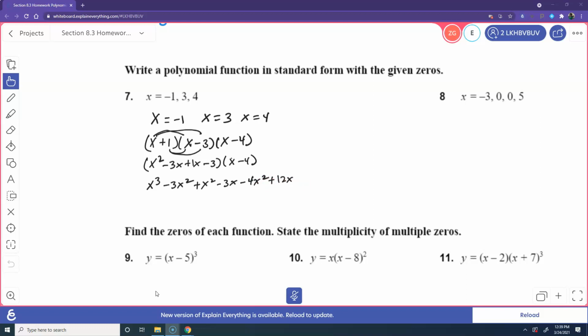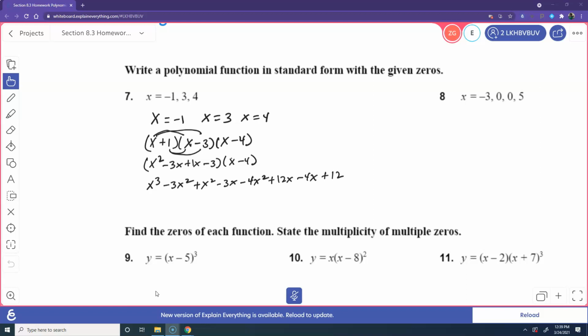Negative 4 times 1 is negative 4x. And then negative 4 times negative 3 is positive 12.